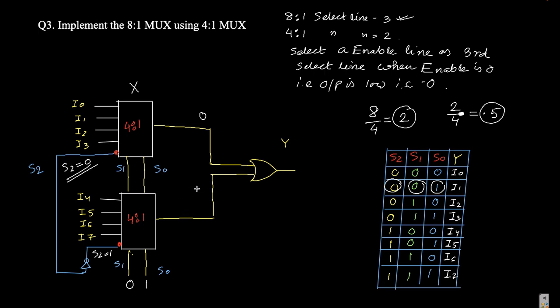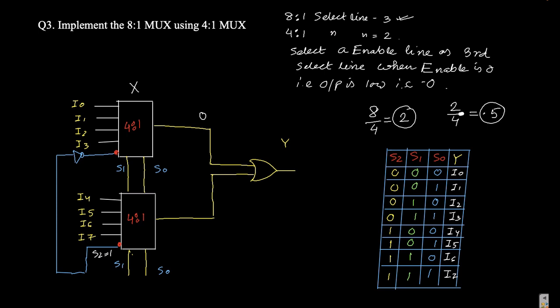I1. One thing, it is a bit easier for you if you take this NOT gate over here. Instead of there, we are taking the NOT gate over here. Then it is a bit easier to find. Okay, so this is S2.